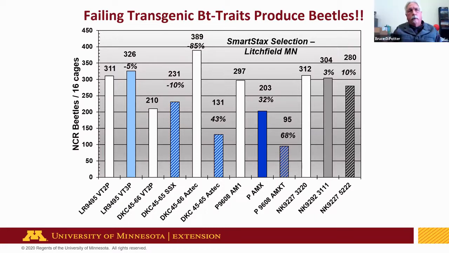Ken, you mentioned it in the beginning, but the other problem you've got with whether you see lodging and differences amongst these different trait packages is that they're not all isolines, and you've got all kinds of different growth and development differences between these hybrids. So it makes it really hard and iffy to do research like this.